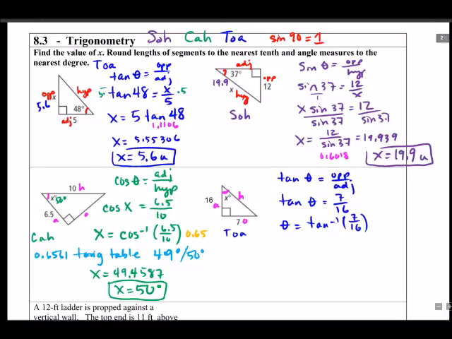What's 7 divided by 16? If we're using our trig table, that's 0.4375.